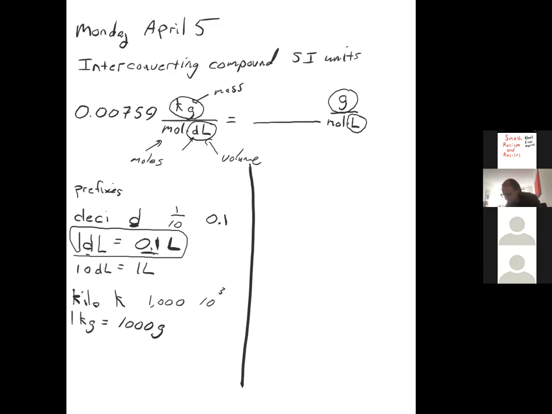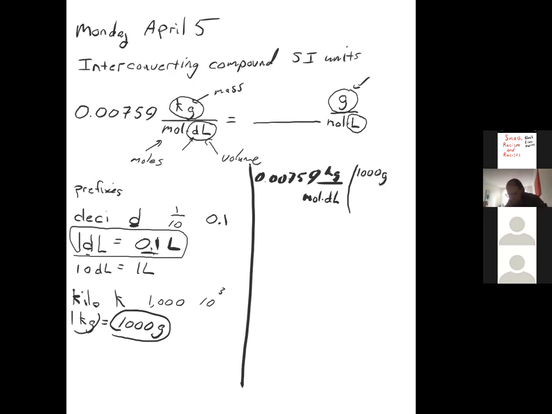So I'm going to take the 0.00759 kilograms per mole deciliter. I put a little dot here just to indicate that those 2 units are times each other. The dot means times. Then we're going to convert this to grams, so I'm going to put our 1,000 grams here.